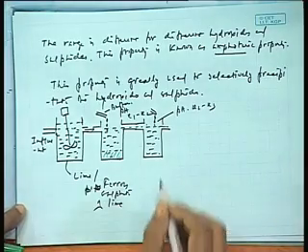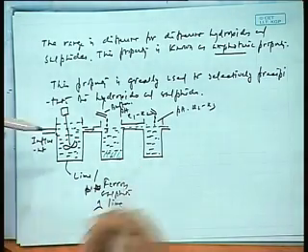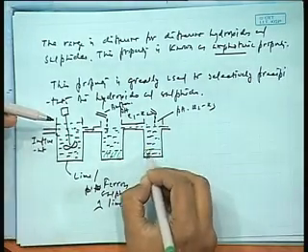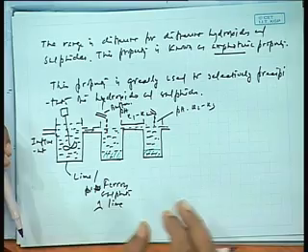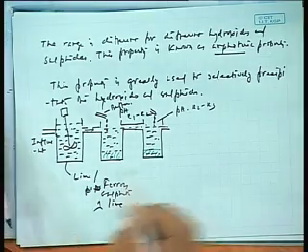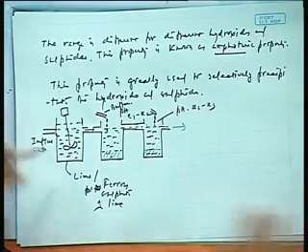Okay. Now we can selectively precipitate another particular hydroxide. So this is the process which is of great use. This process can continue.